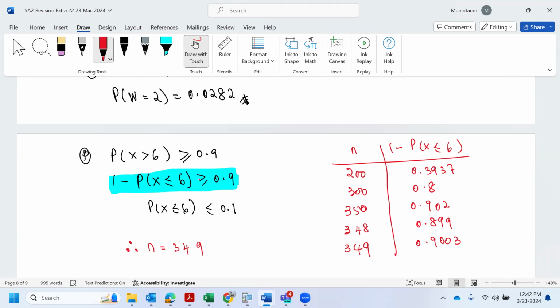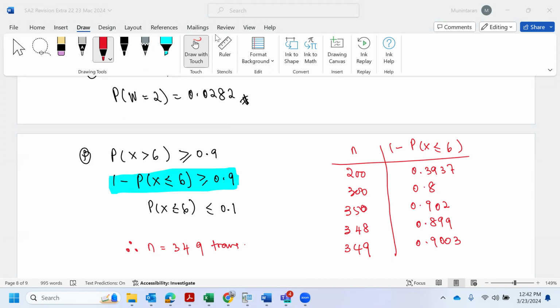I think this is the first time going lesser than 0.1. Are we okay? So this is 349 online transactions. Are we okay? Yes, sir.